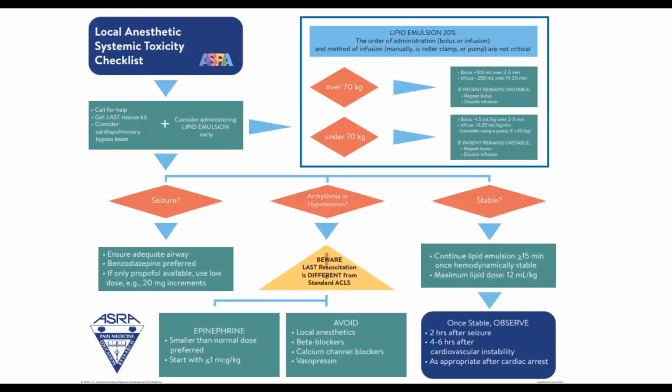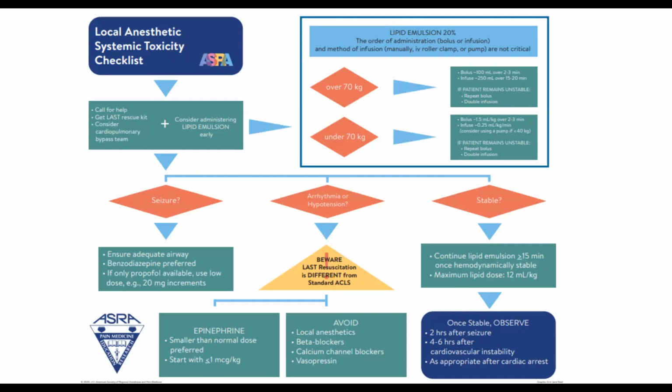Here is a little flow diagram for pretty much what we just talked through. Let's say we're suspecting local anesthetic toxicity. You're calling for help. We're getting the rescue kit or the lipid emulsification. And then we start to think about their weight. Essentially, the cutoff is 70 kilograms. So you just ask their weight. If they're over 70 kilograms, you give a little bit more.